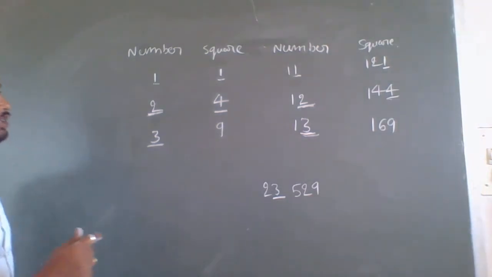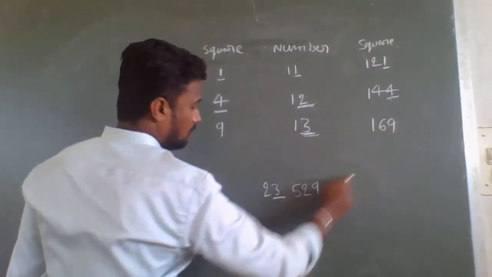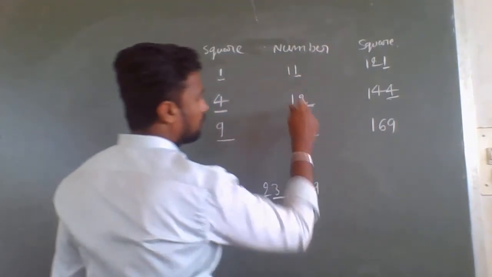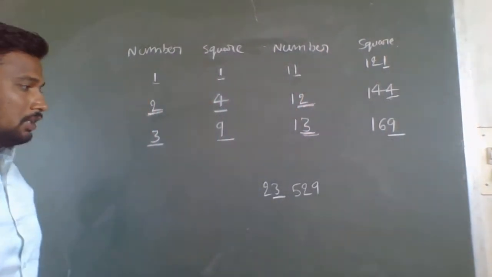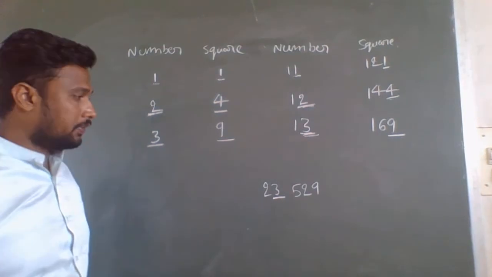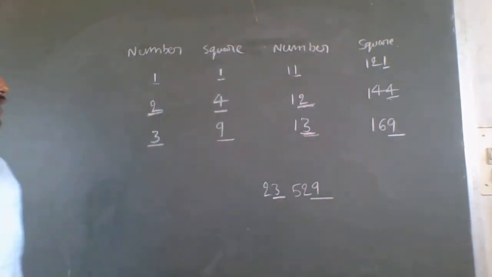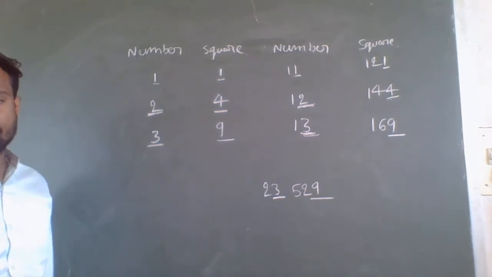So when at the unit place 3 is there, always the square number ends with 9. See here, square of 3 is 9, square of 13 is 169 means ends with 9. Here, square of 23 is 529 means ends with 9 again. So always with 3 at the unit place, the square number ends with 9.